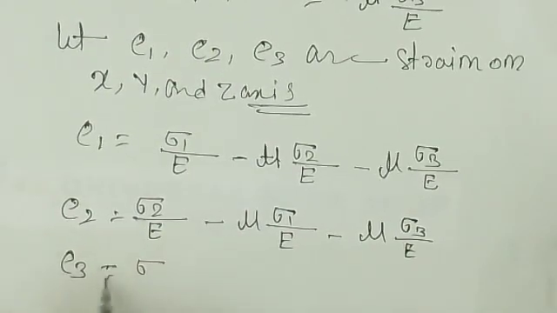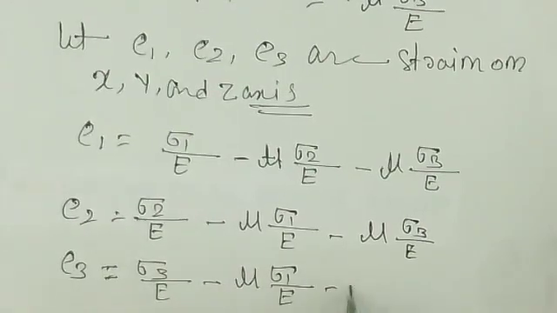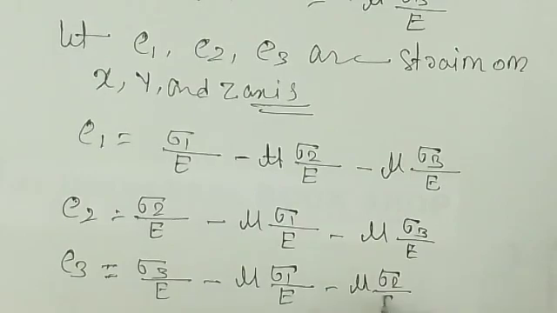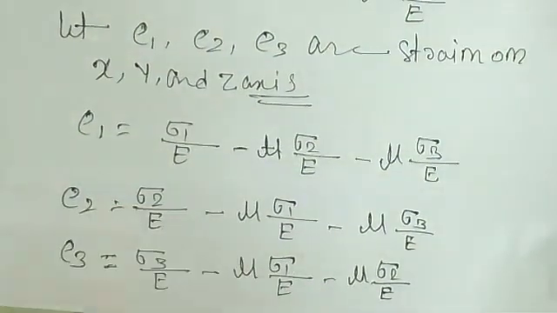That is sigma 3 by E minus mu times of sigma 1 by E minus mu times of sigma 2 by E. So these are the strain we got on x, y and z axis in 3-dimensional system, right?